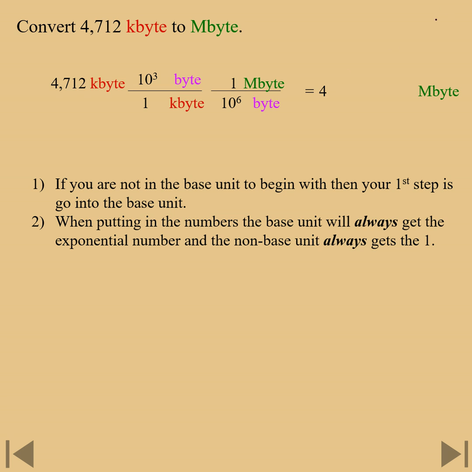Okay, so I have 4 significant figures in my original number, so I'm going to have 4 in my final answer. My original number was 4.712 times 10 to the positive 3. Now I'm going to take that 3 and add the other 3 to get 6. Subtract the 6 on the bottom to get 0. So 4.712 times 10 to the 0 megabytes.